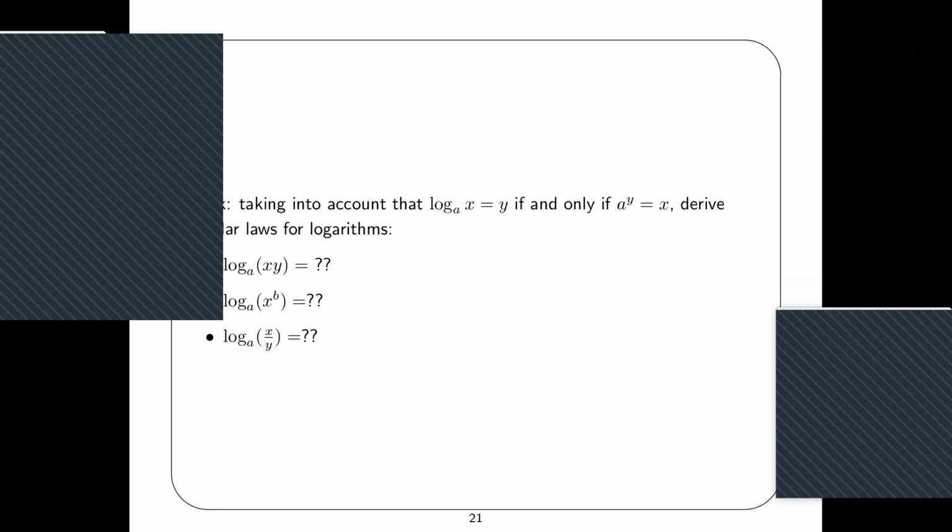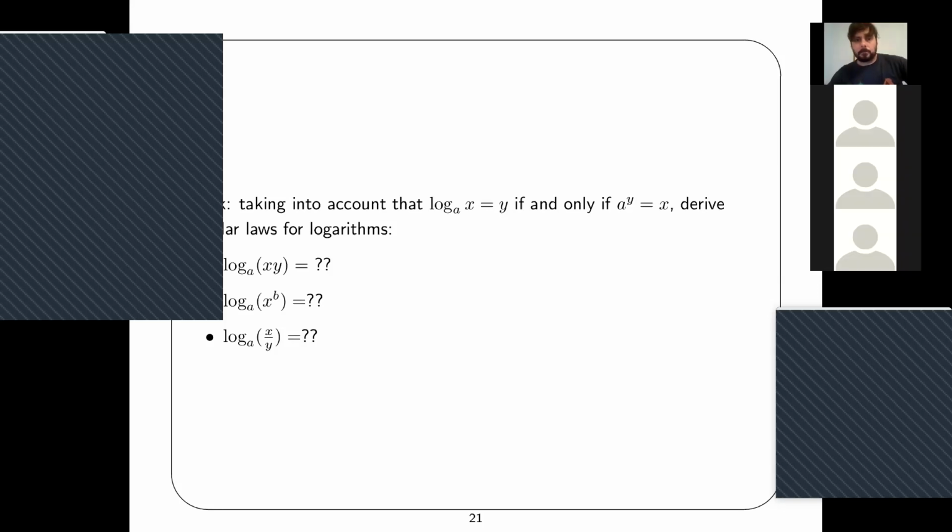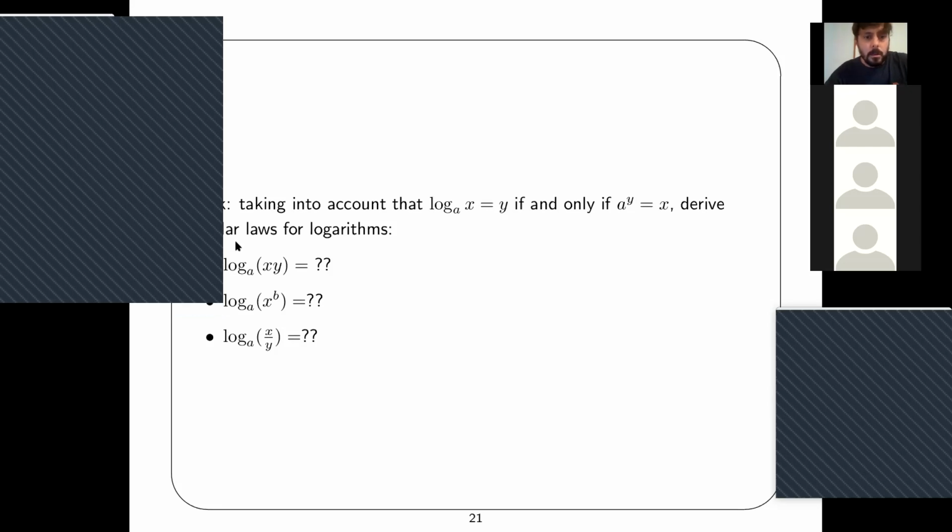Now, firstly, I hope one of each group will tell me what these logarithms are. How do you calculate these? And a quick understanding of how and why you can derive it.